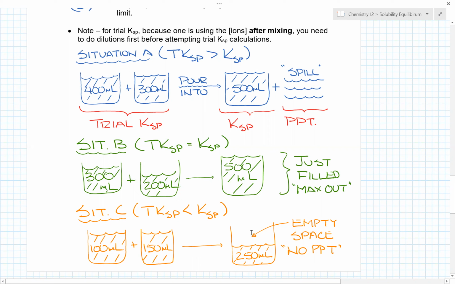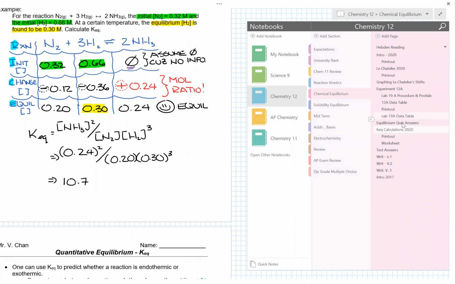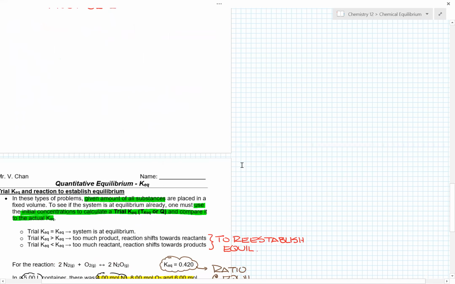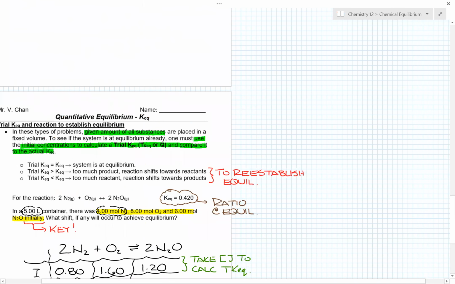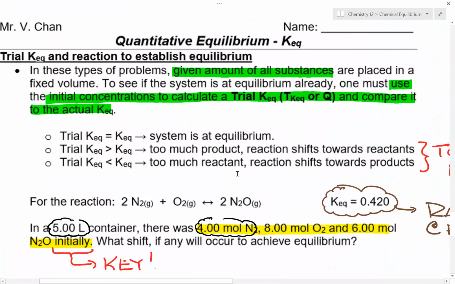Now, some of you might take a look at this and say, hey, Mr. Chan, this is similar to chemical equilibrium. Right, when we did chemical equilibrium and our KEQ calculations, remember we talked about a trial KEQ. Notice the similarities.